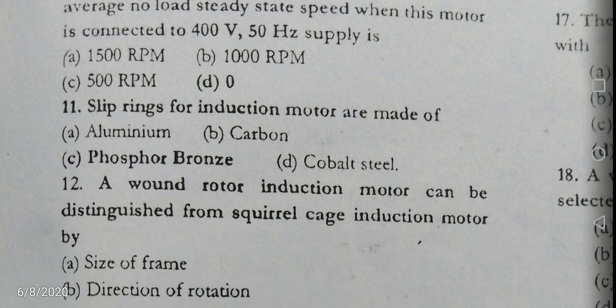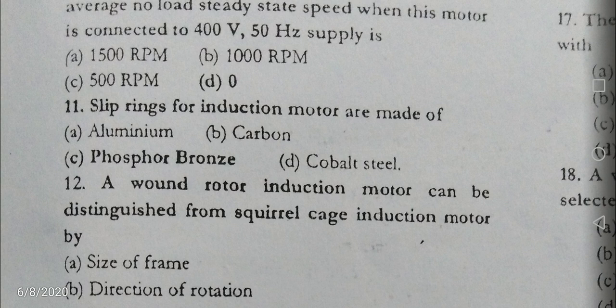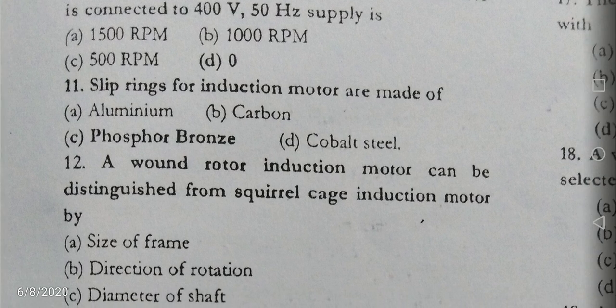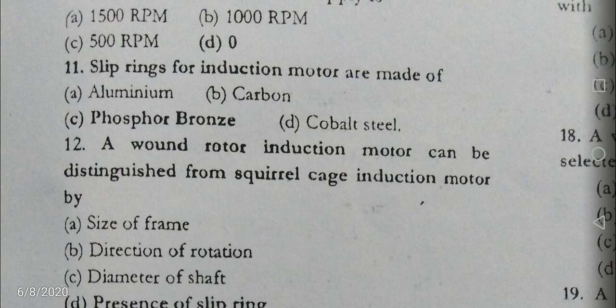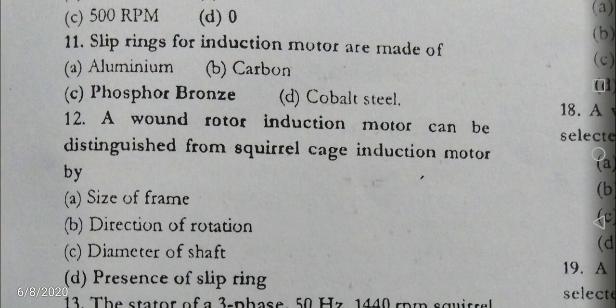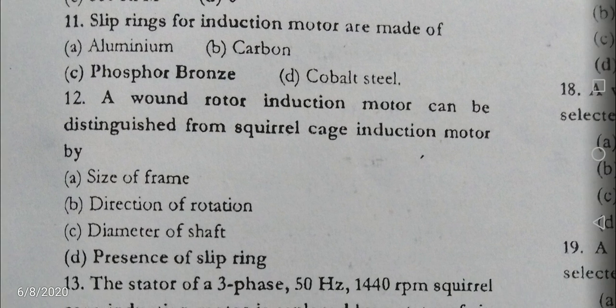A wound rotor induction motor can be distinguished from a squirrel cage induction motor by the slip rings. If there are slip rings, it is a wound rotor induction machine, and if there are no slip rings, it is a squirrel cage induction machine.